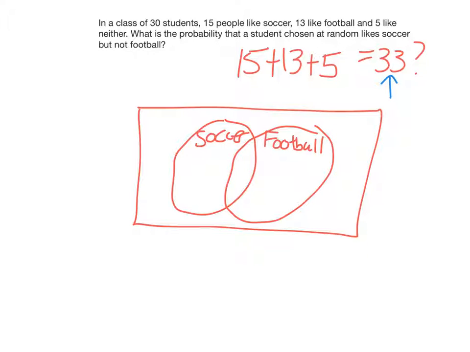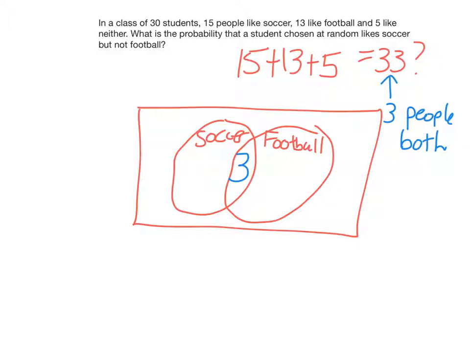There are 3 too many. So what that means is that 3 people must like both, okay? So I'm too far over. The number I'm over is what goes in the middle. There are 3 people who like soccer and football.